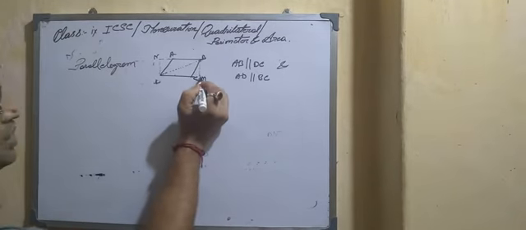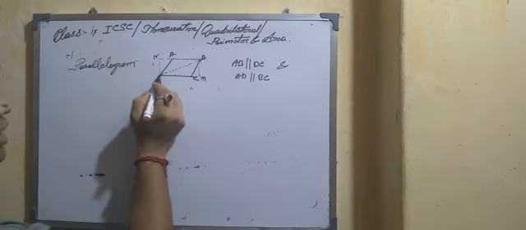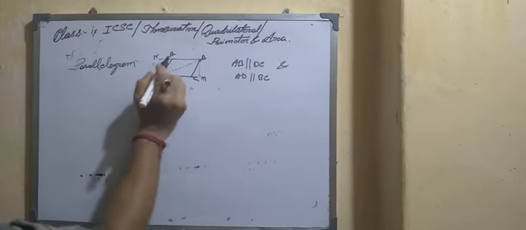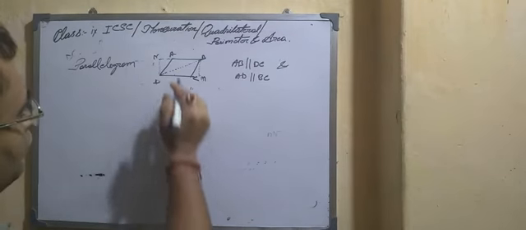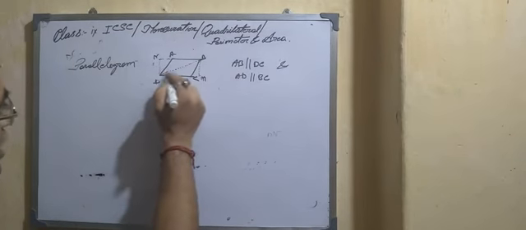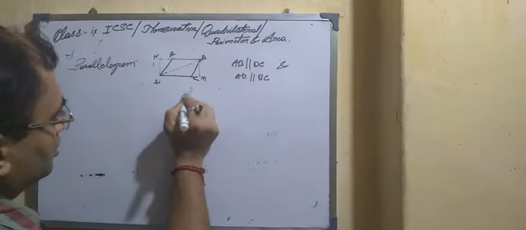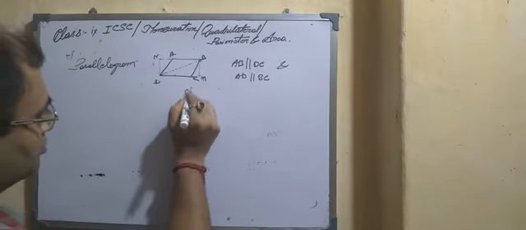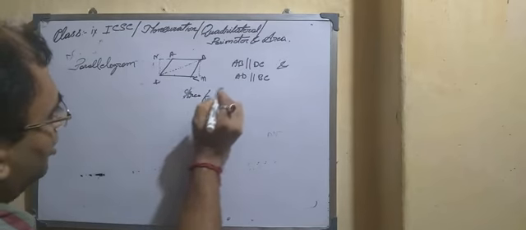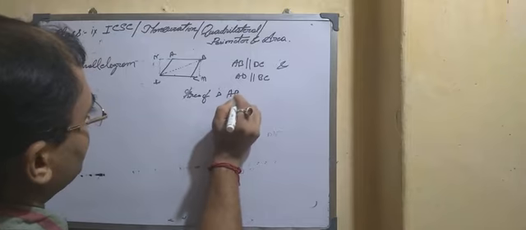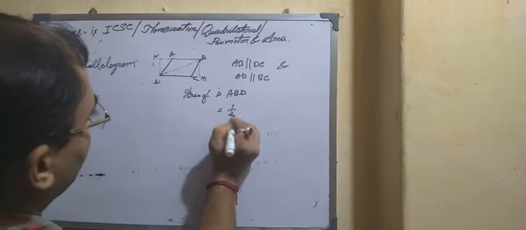It is a perpendicular to the extended BC, and from D it is a perpendicular to the extended BA. Okay. So now for the case, the triangle ABD, area of triangle ABD equal to half into base.